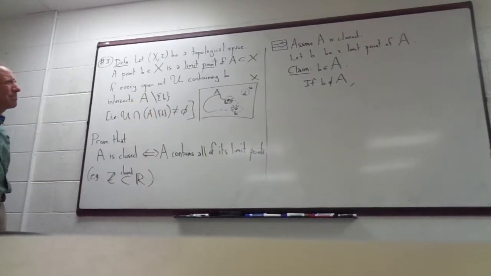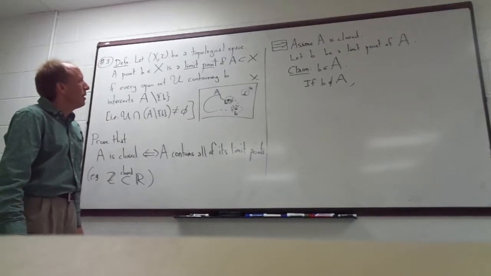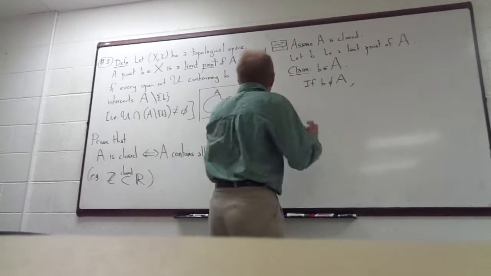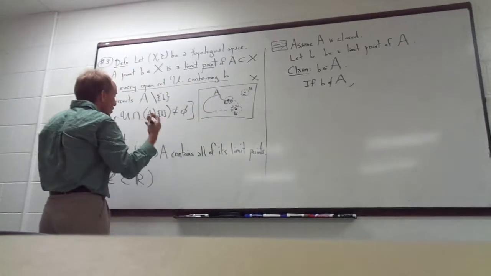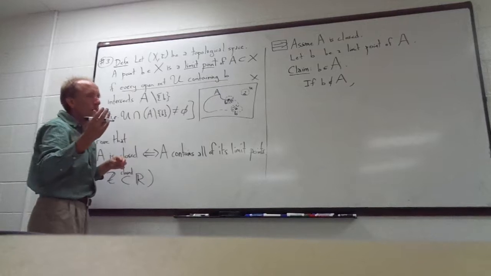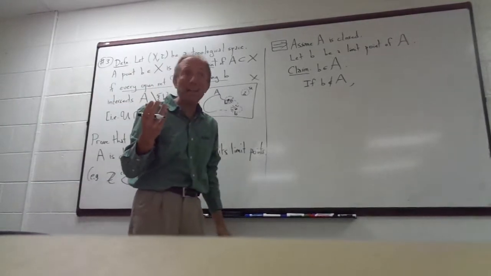So somehow we have to use the fact that A is closed. How am I going to find an open set? If A is closed, then its complement is going to be open. The complement is open.